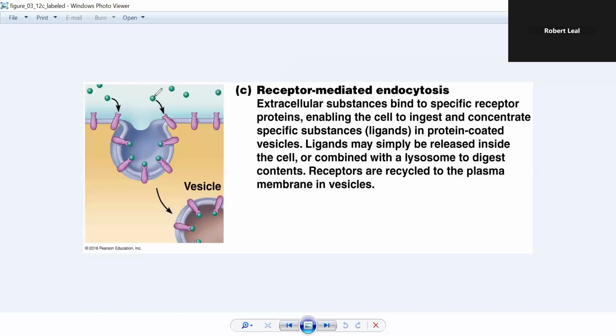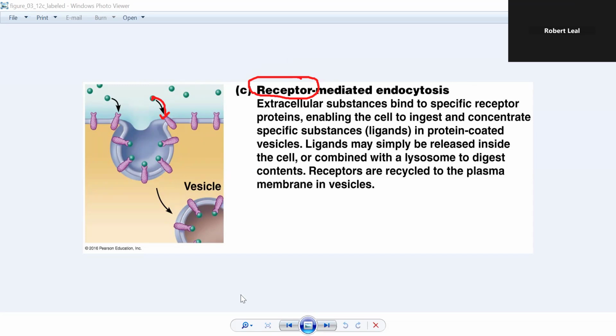So here's the substance, and it fits perfectly on the protein, indicating to the cell, hey, this is something we want to take within ourselves. So that's when the membrane is going to fold in. It is pinocytosis, but more specifically, because the content's bound to a protein receptor telling the cell, hey, take this in, you can also refer to that as receptor-mediated endocytosis.